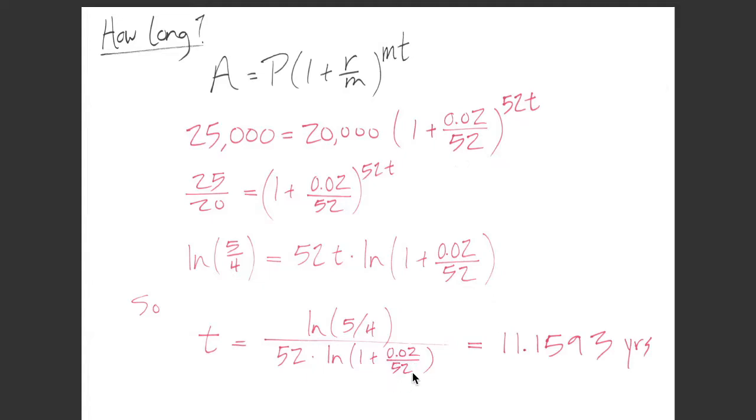And then just grind that out on your calculator again, and you get 11.159 and some change. Again, I'm going to round things to 4 places here, so I'm going to report this result as 11.1593. And the units here are years because in our compound interest formula, time is always in units of years.